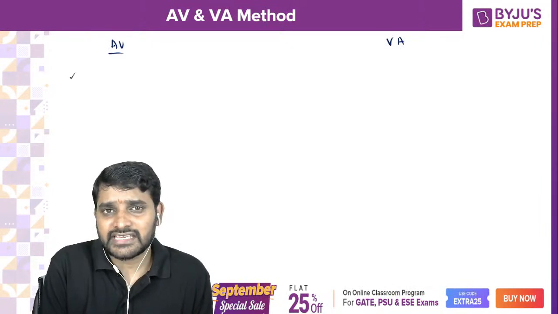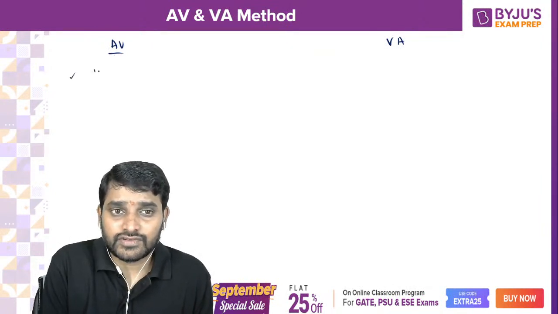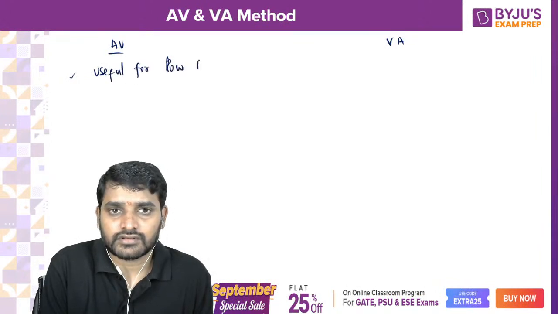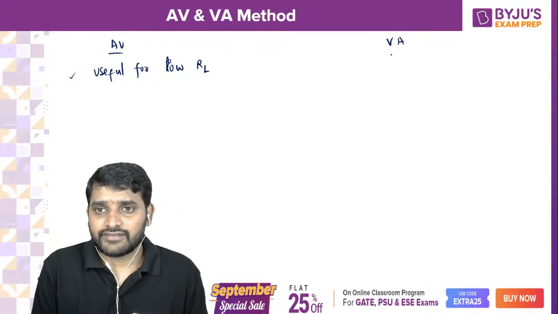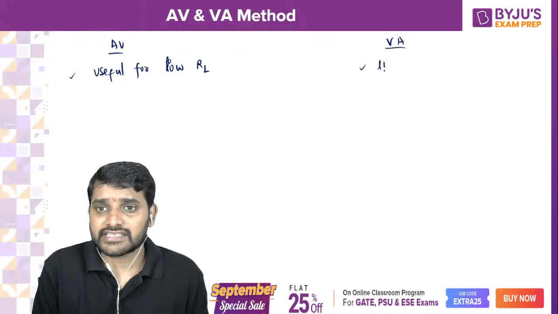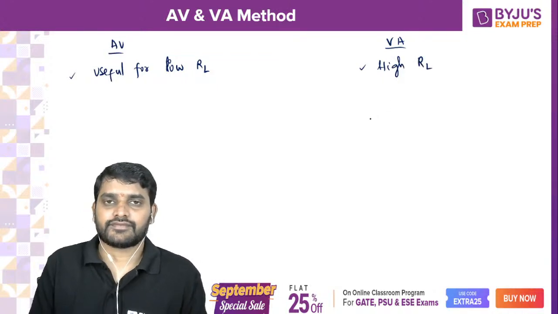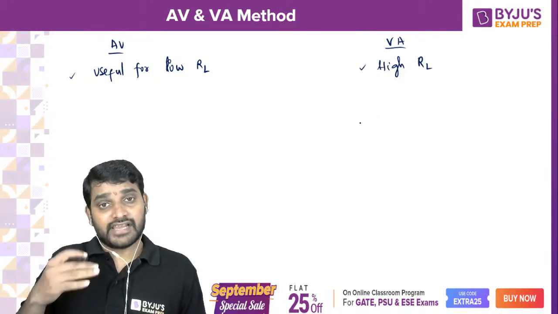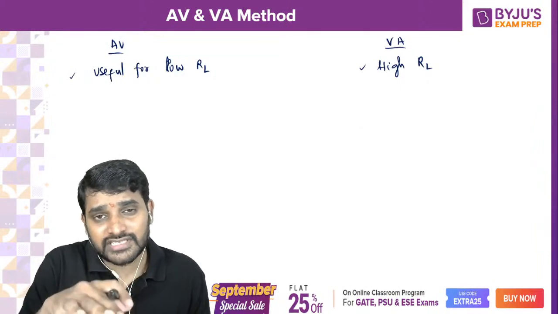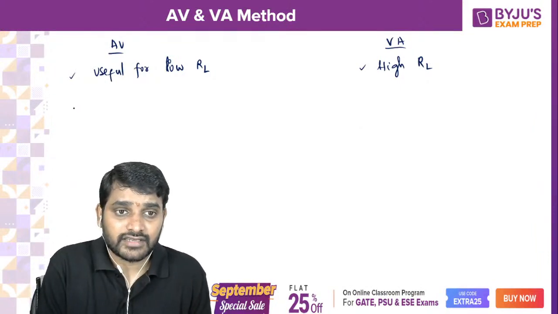AV method is useful for low resistive loads. VA method is useful for high resistive loads. Okay. So why? Because if you use on low resistive load, error will be less.